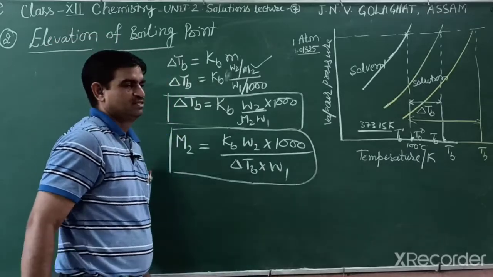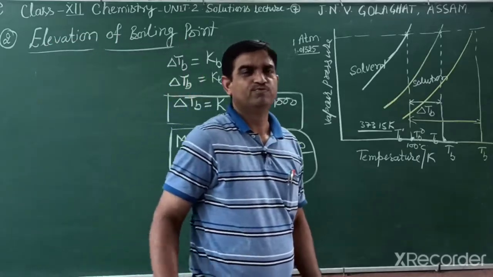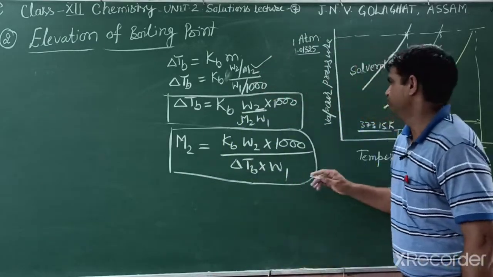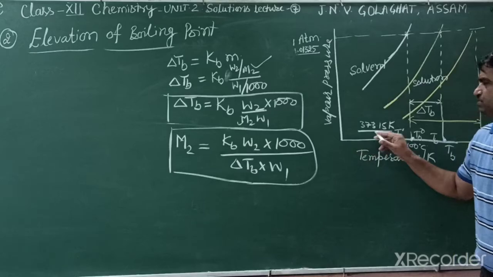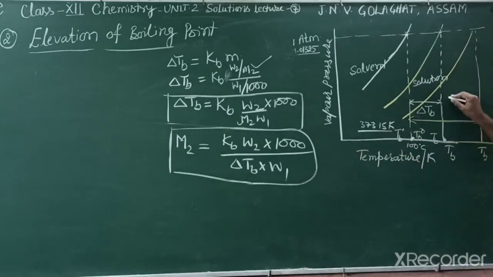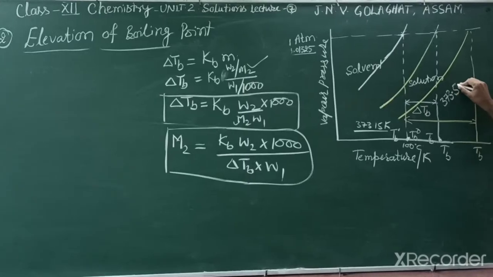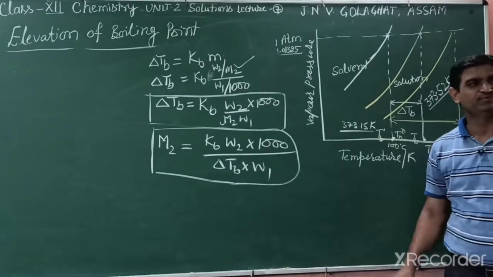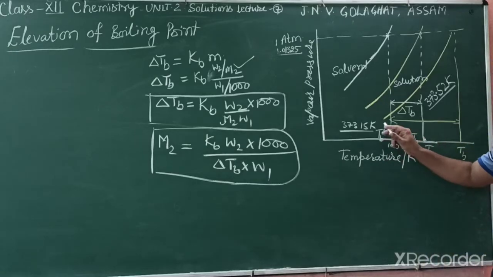So students, when we put 1 mole of sucrose, the boiling point of water is increased. How much? Only to 373.52 Kelvin. The normal boiling point of water is 100 degrees, which is 373.15 Kelvin.